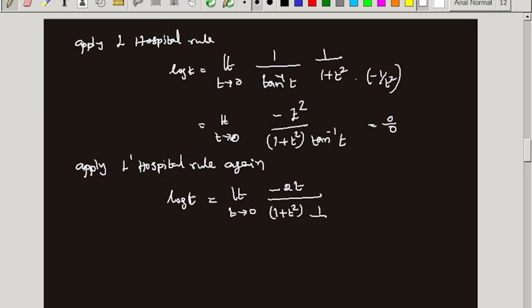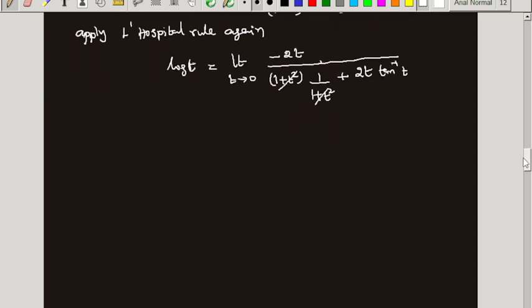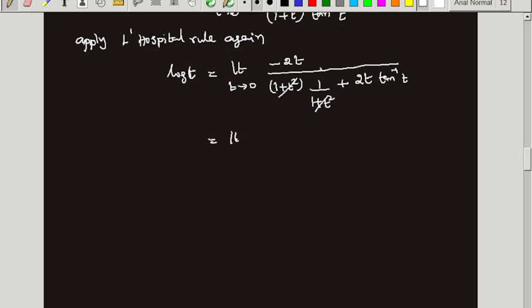Tan inverse differentiation is 1 by 1 plus t square. So here differentiation of 1 plus t square is 2t into tan inverse of t. So here we can cancel 1 plus t square, 1 plus t square. We get limit t tends to 0 of minus 2t dividing by 1 plus 2t into tan inverse of t.